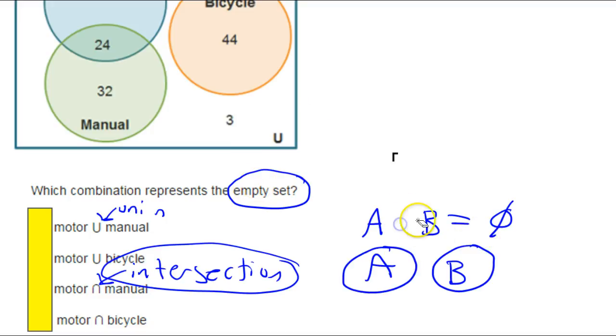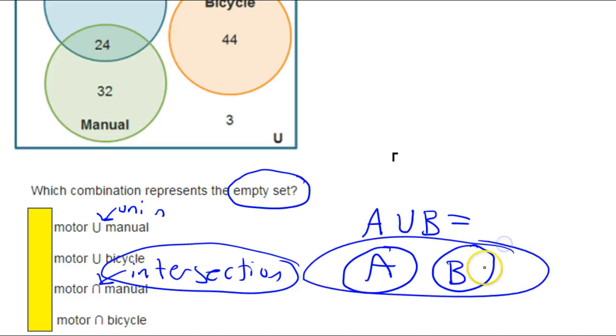If I took the same picture and said A or B, it doesn't matter that they don't overlap, because this symbol means just take everything in both. So if there were 10 people in group A and 5 people in group B, then A union B, we'd be looking at 15 people.